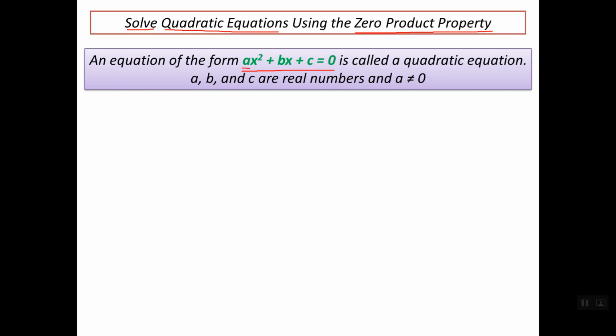We have a, which is the coefficient of x squared, the constant b, which is the coefficient of the variable x, and the third term, which is the constant c. So a, b, and c are all real numbers, and for the quadratic equation, a shouldn't be equal to 0.